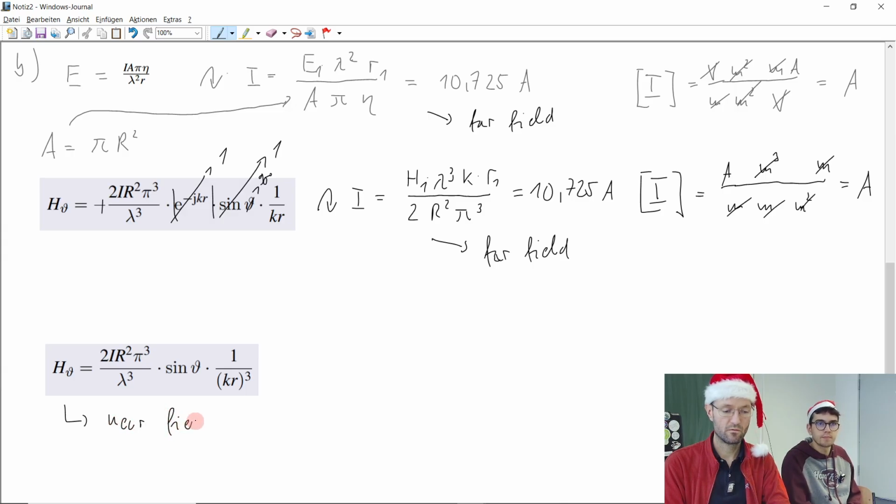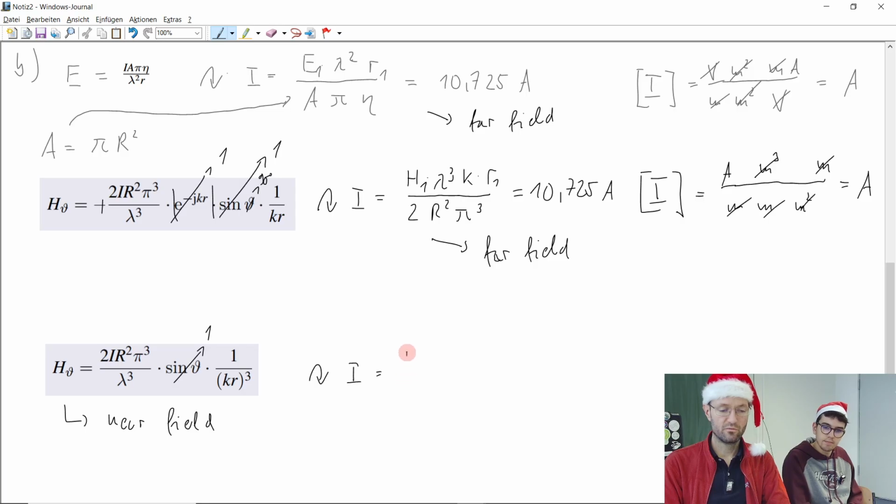And once again, we assume that the sine function has which value? Same as here, we say it's 1. And we need to convert this formula back into current.